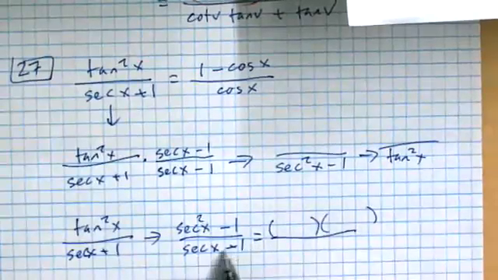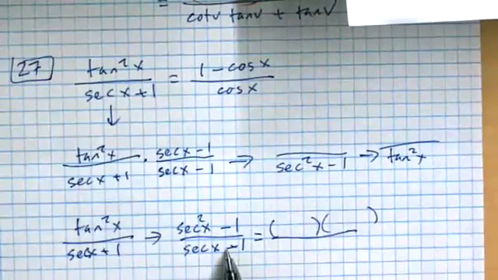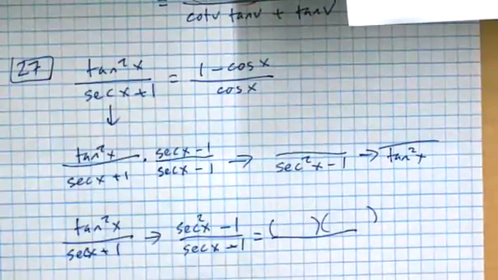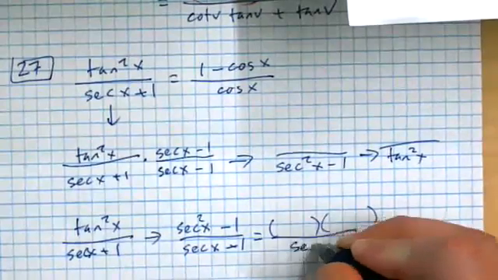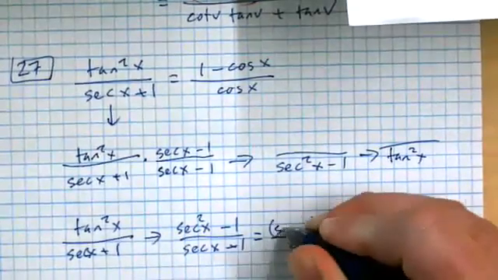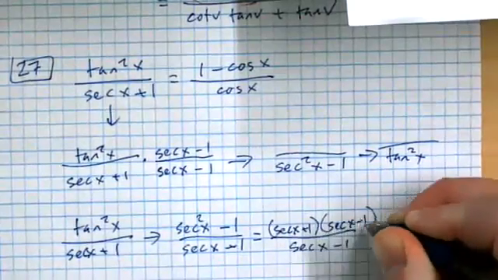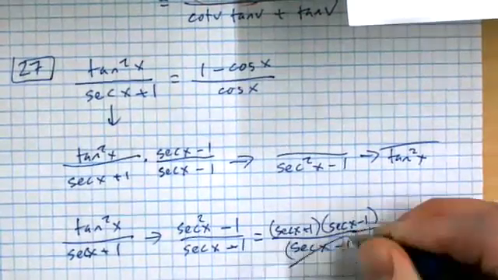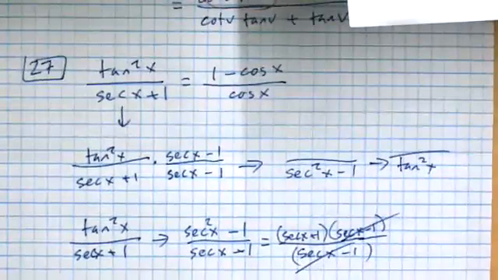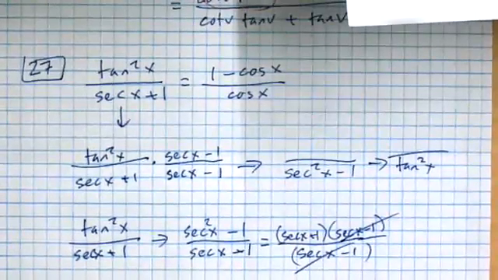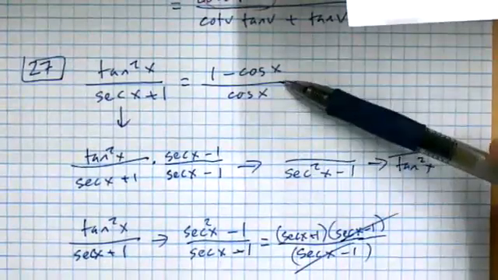Oh my gosh, one of those factors is going to cancel the whole denominator out, isn't it? So you would get secant x plus 1, secant x minus 1. And these would cancel. And now you just got secant x plus 1. And then it's a matter of fiddling around with that to make it look like this.